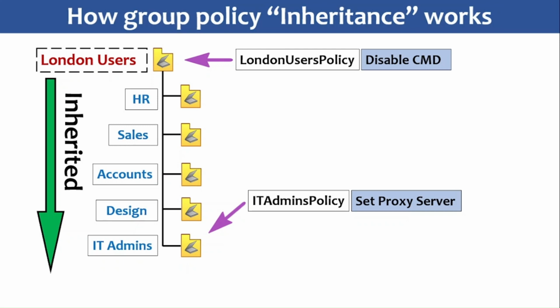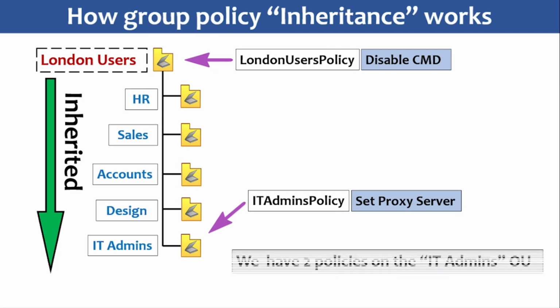This is how inheritance works in group policy. Just remember one thing: now we have 2 policies on our IT admins OU, namely London users policy and IT admins policy.